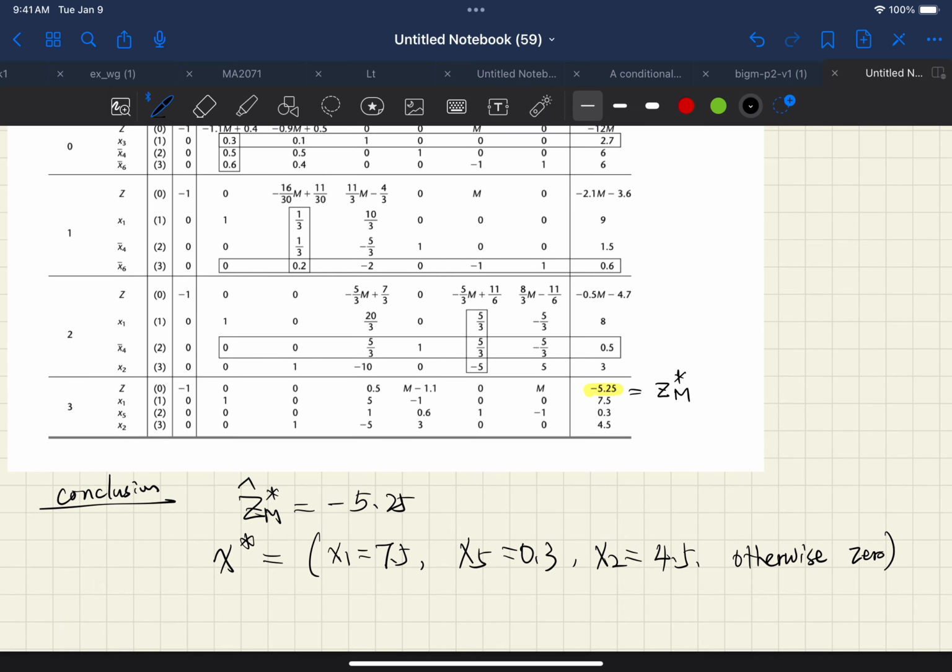Another interesting question we can ask is: what is the minimum M such that ZM star equals z star?